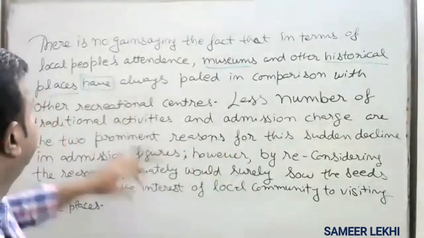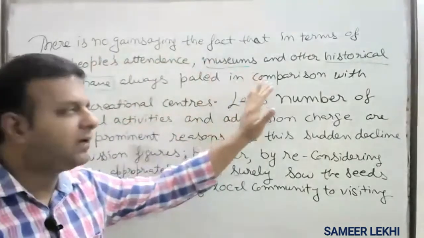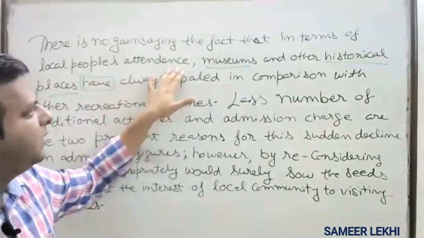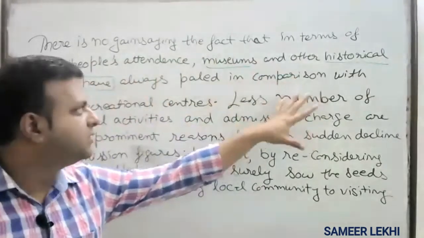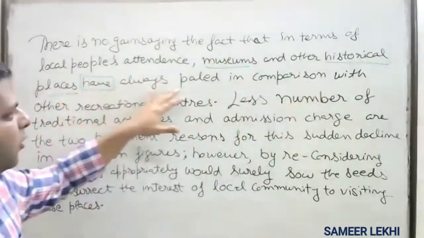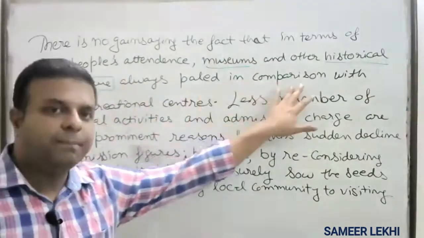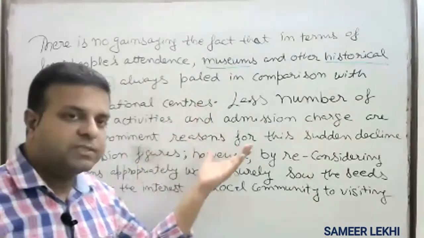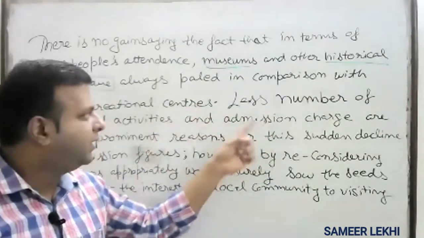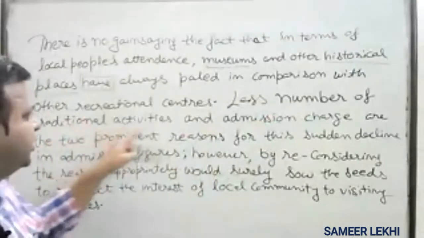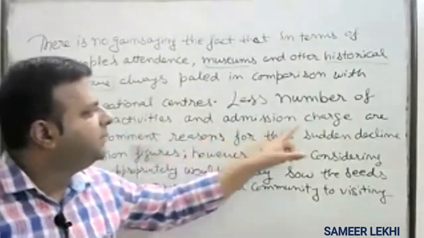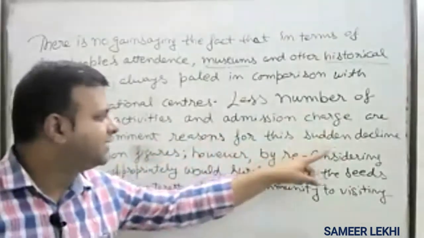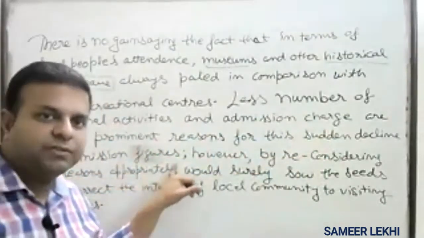Let's understand again. There is no gainsaying the fact that in terms of local people's attendance, museums and other historical places have always paled in comparison with other recreational centers. Now the outline sentence, now this is our BP1: Less number of traditional activities and admission charge are the two prominent reasons for this sudden decline in admission figures.